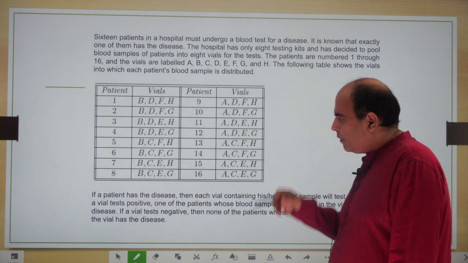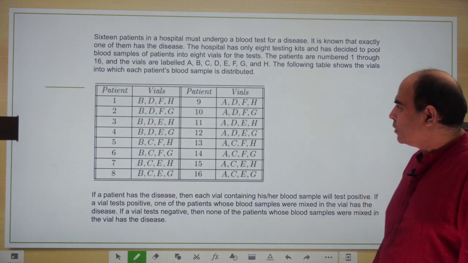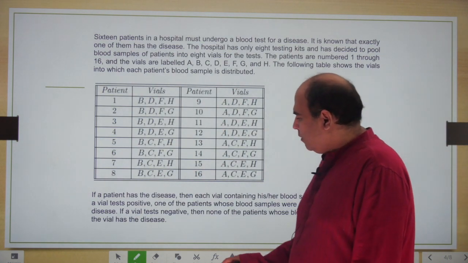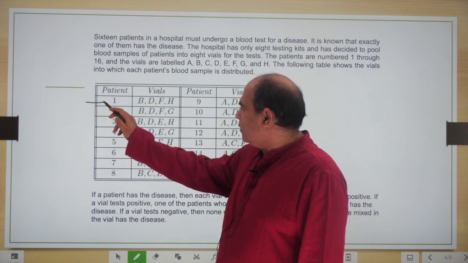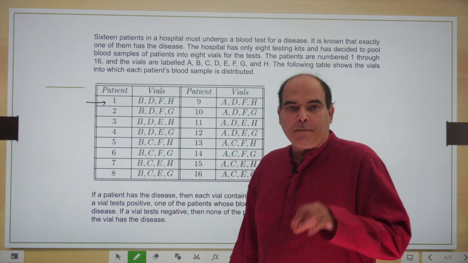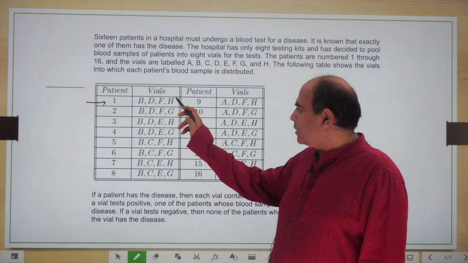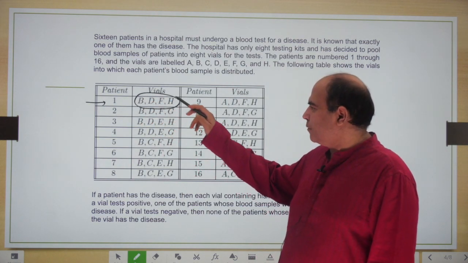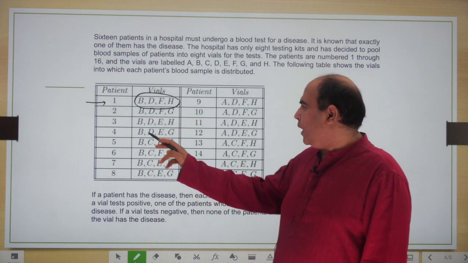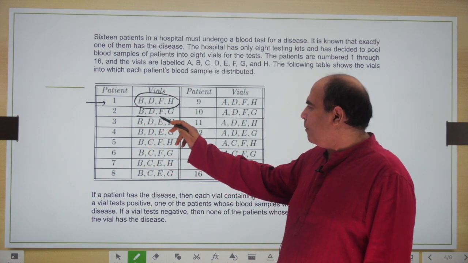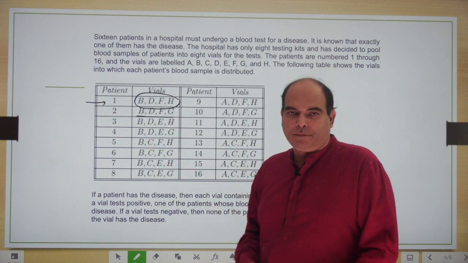So you have this table here in front of you, which shows that patient 1, for instance, his blood sample went to vials B, D, F and H, while patient 2's blood sample went into the vials B, D, F and G.